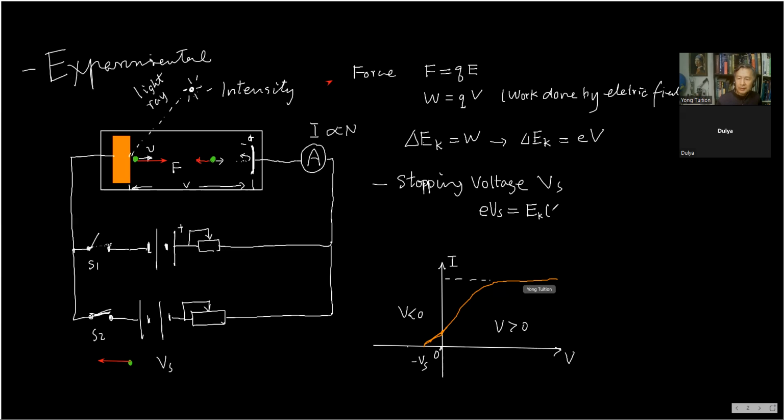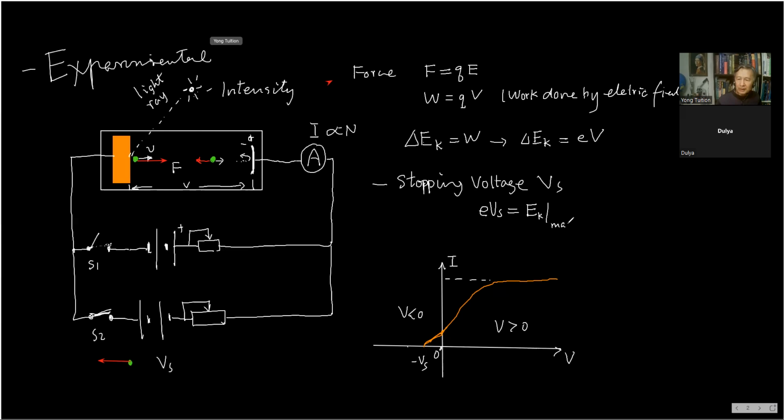Because any electron with less initial velocity will already be rebounded halfway. Some electrons probably just rebound like this, all right? However, this electron has the maximum value. So that is the experimental result, okay?